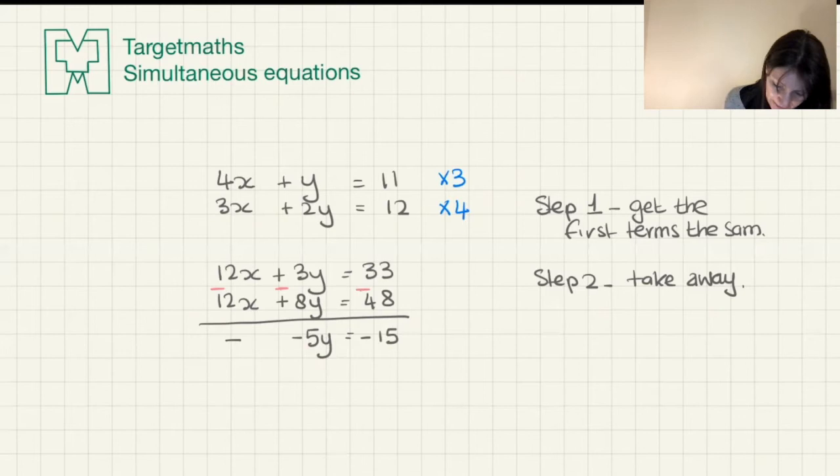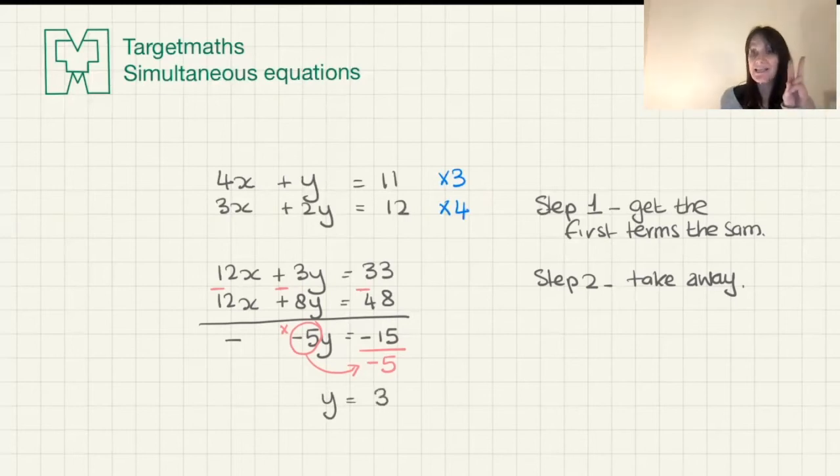I'm going to pick up my times negative 5. It's going to land as divide negative 5. And how many 5s can I get into 15? Y is now on its own. 5s into 15 go 3. And the 2 negatives make it positive. So it is y equals 3.